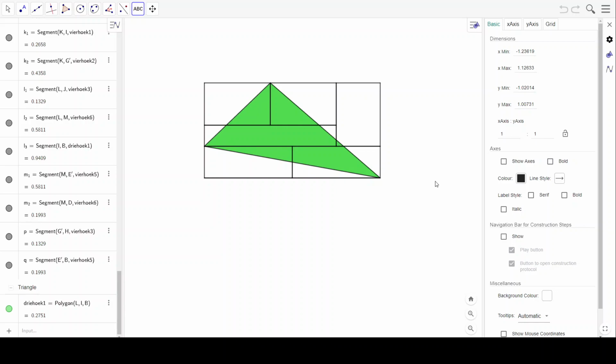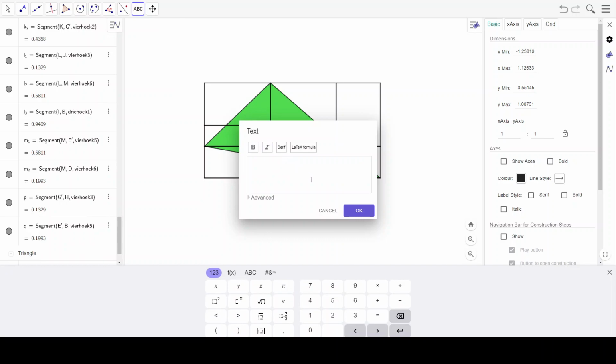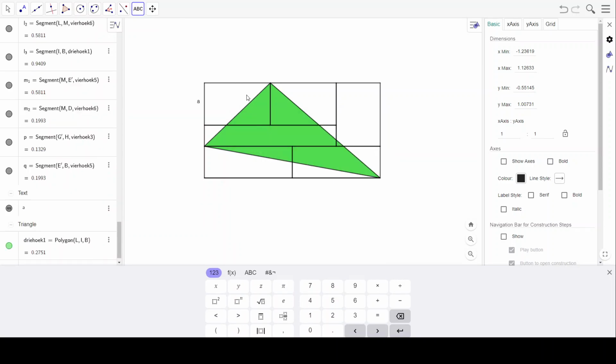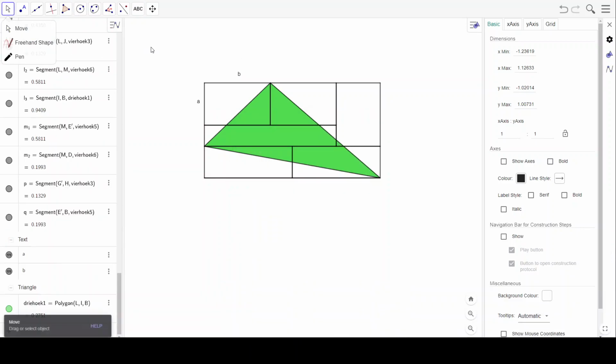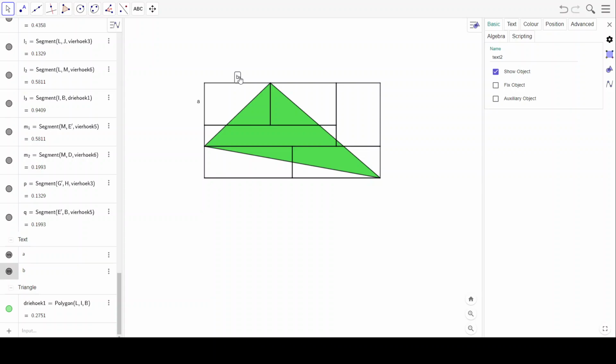Well, it's an intermediate puzzle. It's not very hard, but it takes some algebra to solve it. Let's first put some measures here. Let's say that the leftmost rectangle has height A and width B. So these are variables, and then we continue to this rectangle.